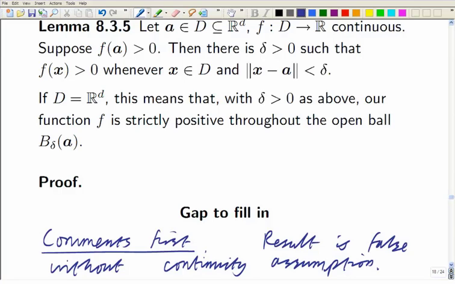Let me draw you a fairly typical discontinuous function from R to R and show you where things go wrong. Actually, you can't get away with just any old discontinuous function, but this one will work.